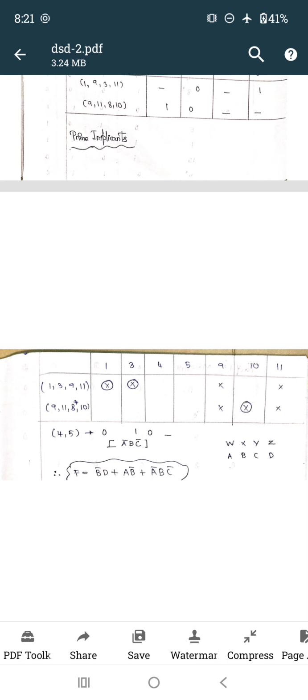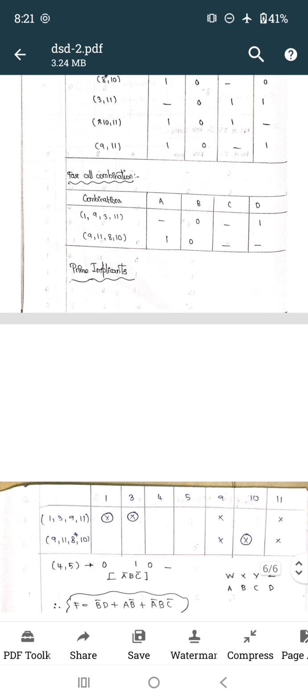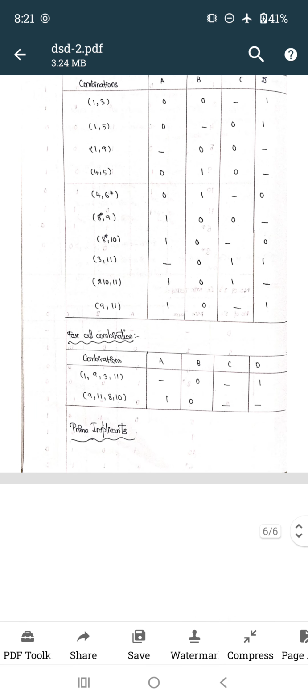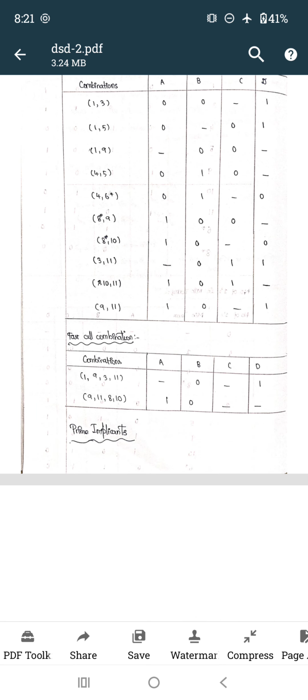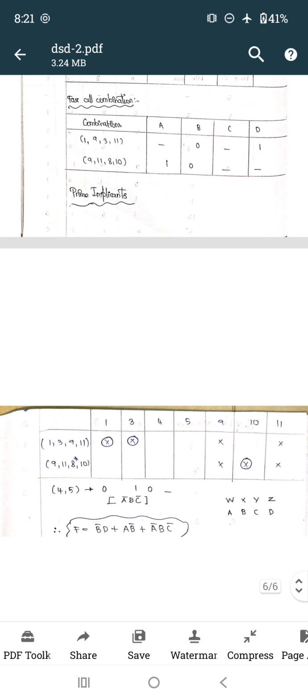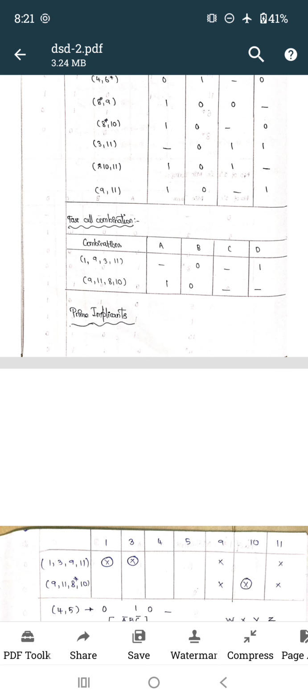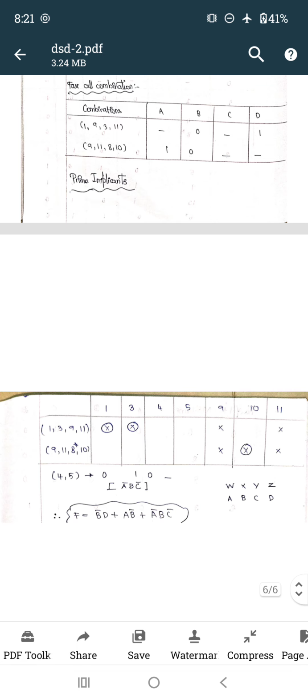So for 1 comma 3 comma 9 comma 11 the prime implicant value is, so we need to check with this. So here b is 0, b bar d. So the first term is b bar d and the second term is 9 comma 11 comma 8 comma 10. For this term, a b bar. So next is a b bar. So the missing term is 4 comma 5.